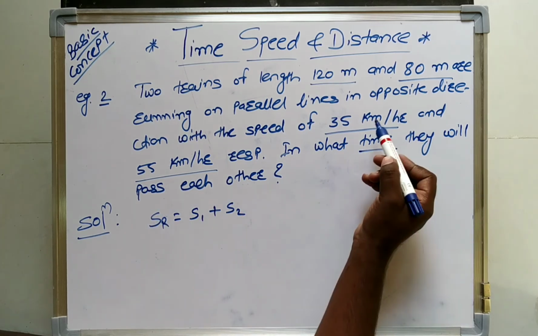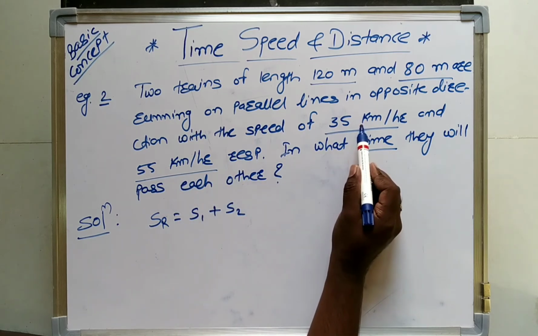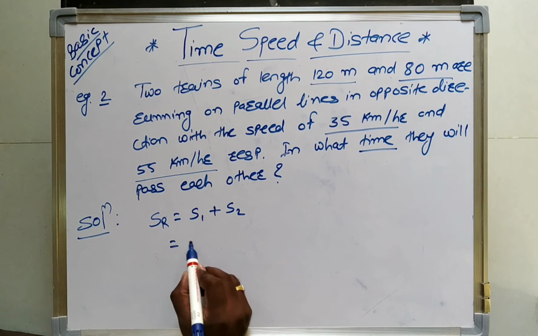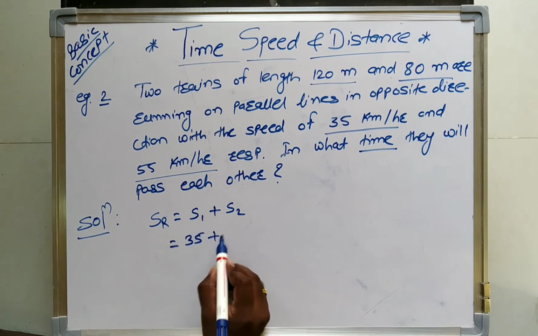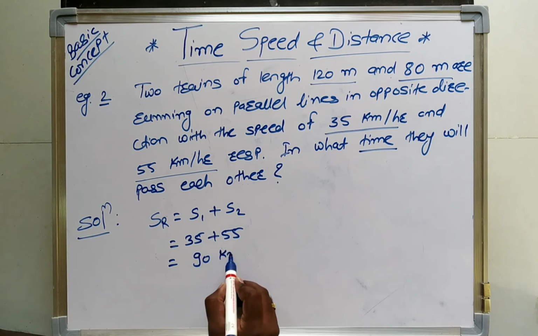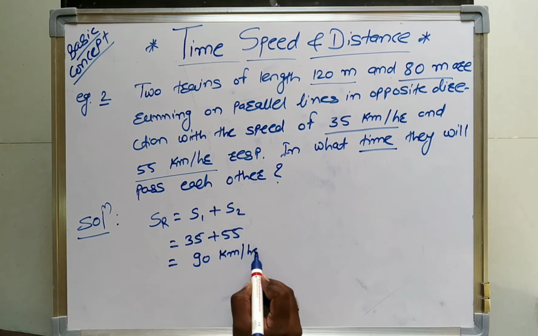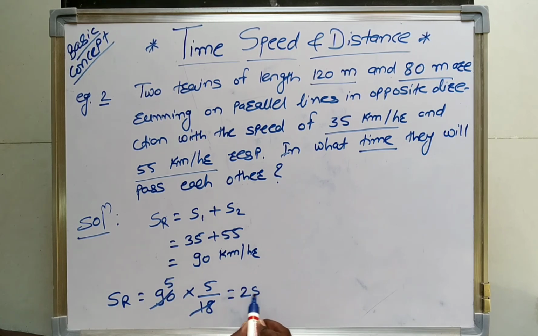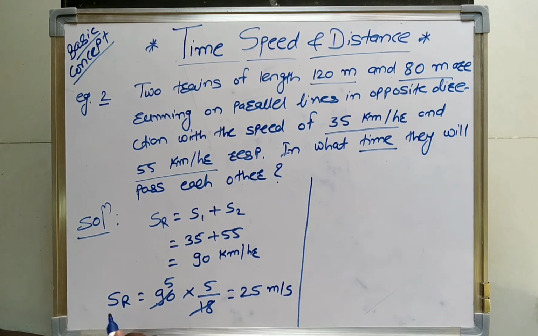The speed is given in kilometer per hour, we have to convert it into meter per second. So SR is equal to 35 plus 55, that is 90 kilometer per hour. Now this SR is equal to 90 into 5 by 18, that is 25 meter per second. This is the relative speed.